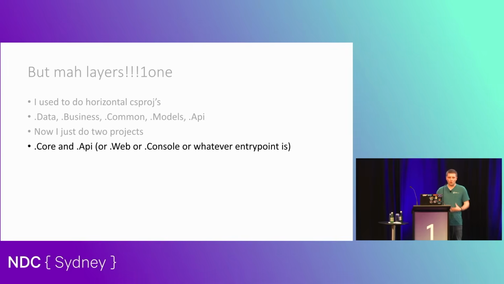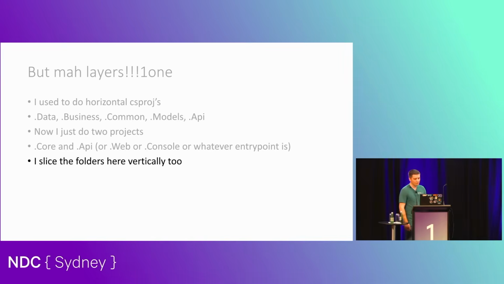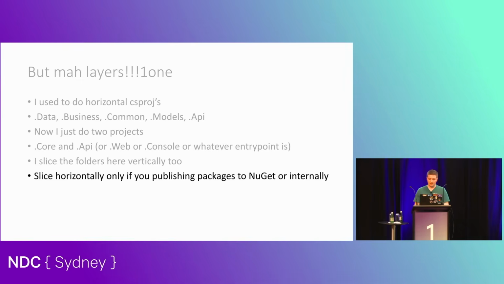I have a core project where most of the logic is, and then whatever the entry point is for my app, so it'll be API or web or console. And then of course I'll have test projects associated with those as well. But I'll also slice the folders vertically there too. So again, I'll have My Profile or customers or orders or whatever inside of that core project and put things that are related in there.